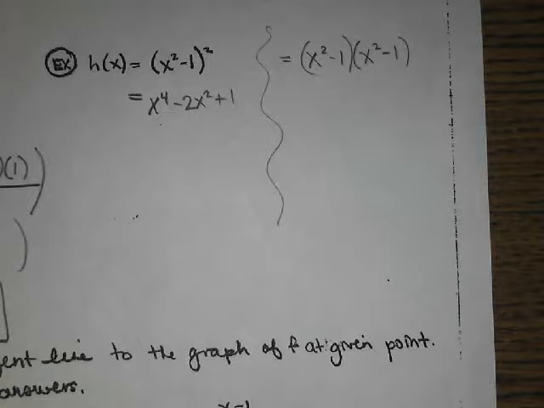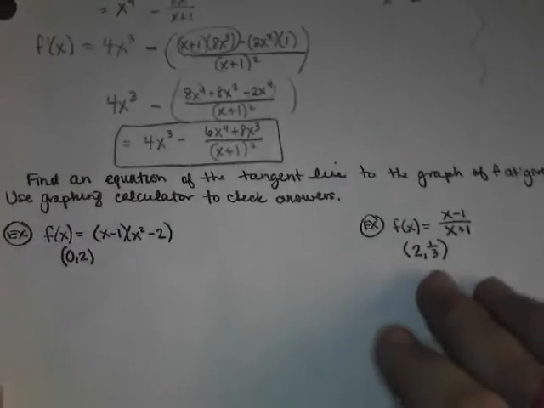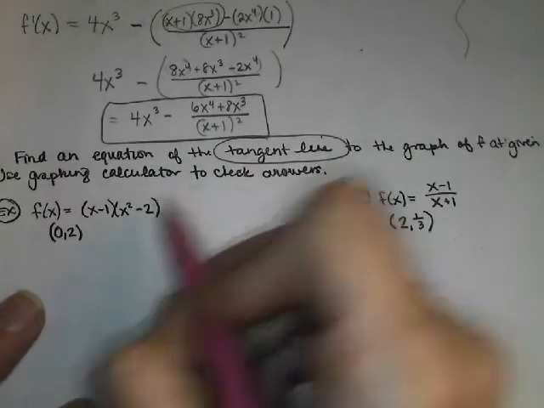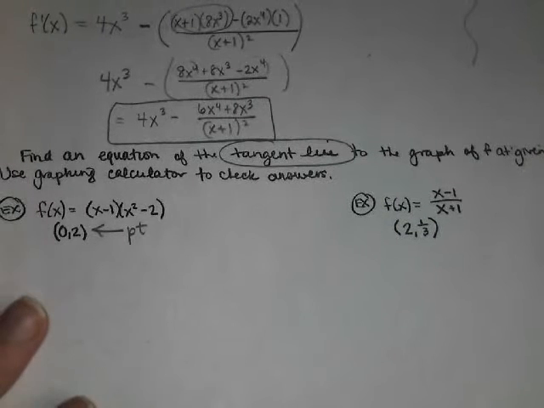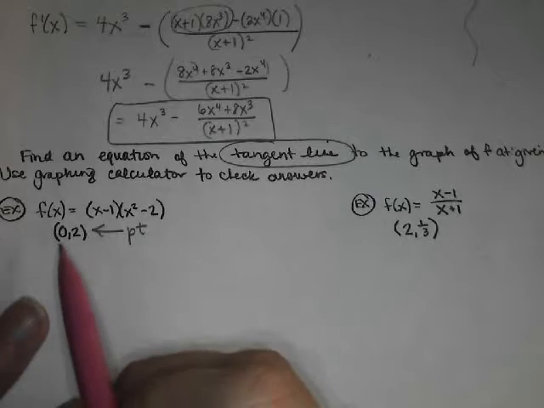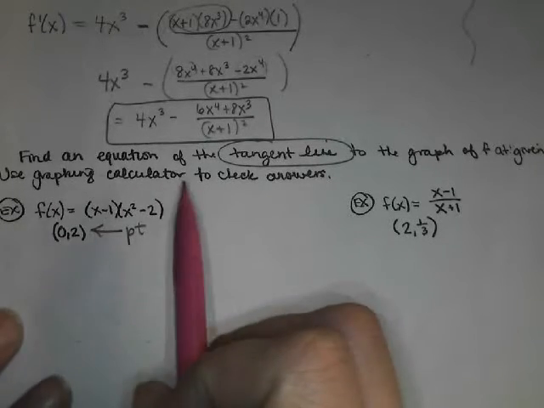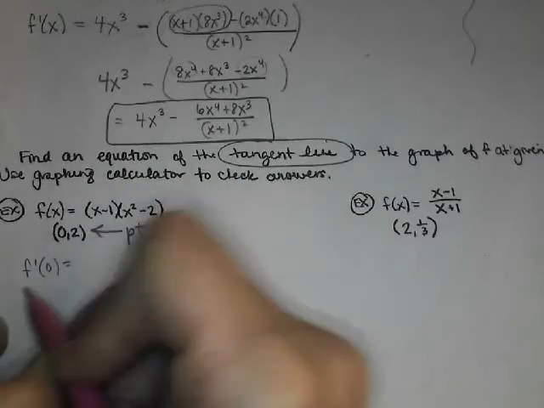These two at the bottom, pretty straightforward. They're just bringing an application to it. So writing the equation of any tangent line, we need a point, which on the first one we already have, and we need a slope, which is where we're going to derive. Specifically, we need the slope at 0. So we're going to have to find f prime of 0, but before we do that, we have to find f prime of x.